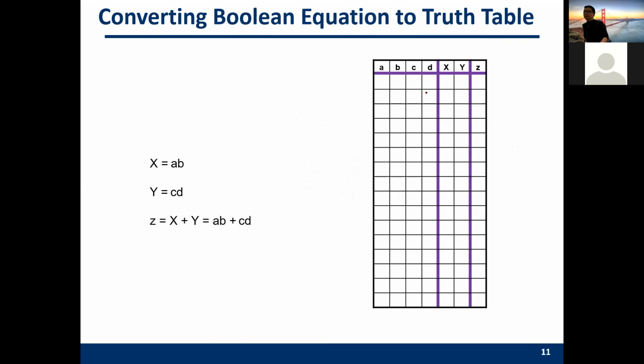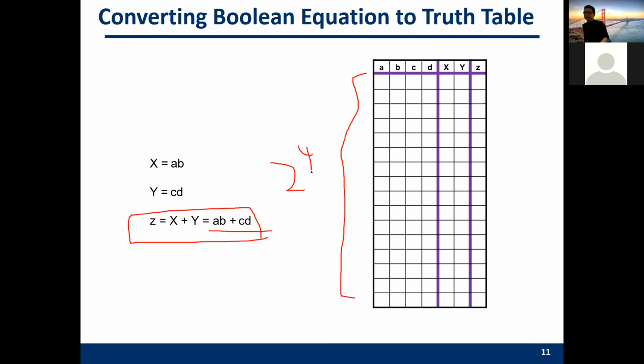And then we can draw a truth table to represent this equation. Because we have 4 variables here, we have 2 to the 4, which is 16 rows here.